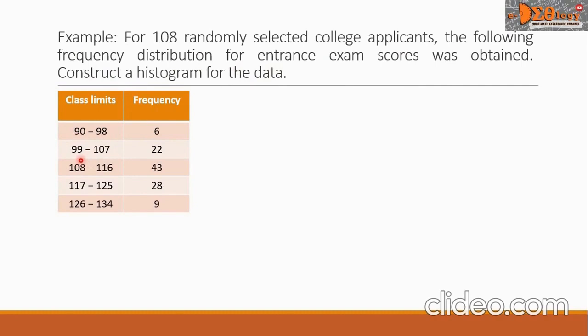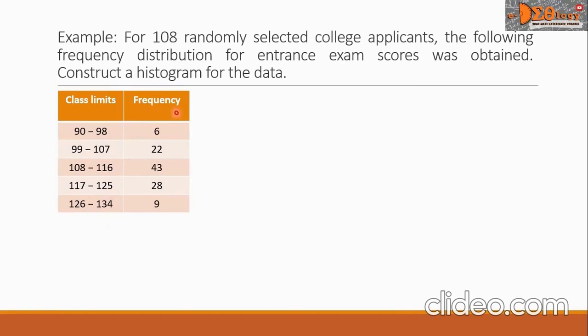The second class interval is from 99 to 107. The third is from 108 to 116. The fourth class interval from 117 to 125. The last class interval is from 126 to 134.